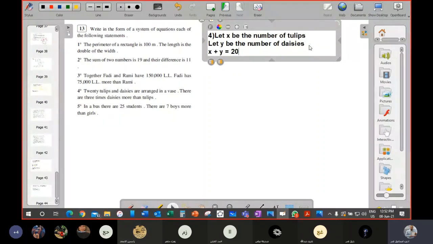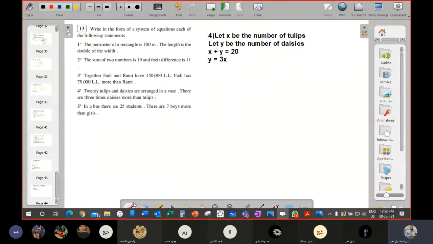The second equation: y equal 3x, because there are 3 times more daisies than tulips, and daisies are y. This is the system, equation 1 and equation 2.